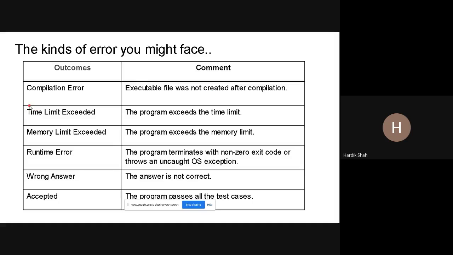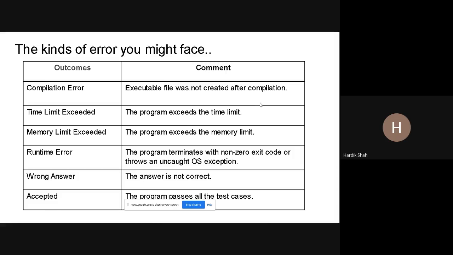Next up, the important one, time limit exceeded. This error comes when your program exceeds the time limit. This generally means that the algorithm that you are using takes a lot of time.